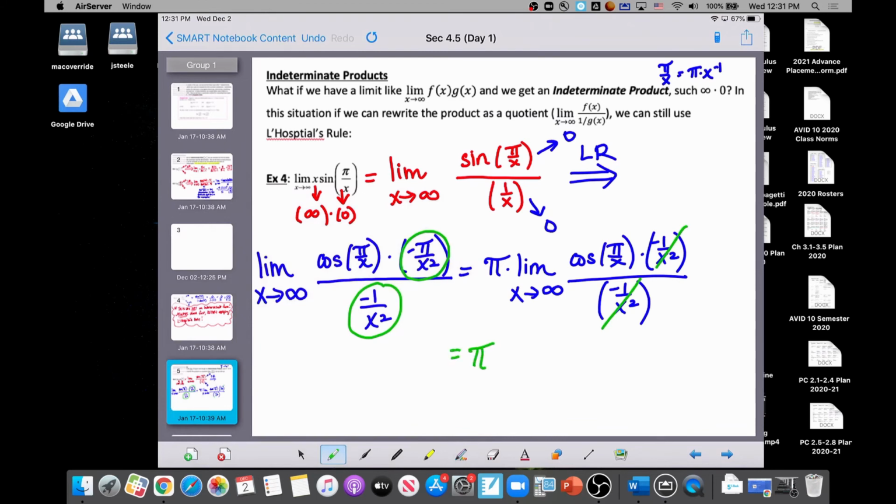And so now I have pi times the limit as x approaches infinity of cosine of pi over x over 1, which is just cosine of pi over x. So now when I plug in infinity, pi divided by infinity is 0. Cosine of 0 is 1, right? Because this ends up being pi, that's the pi in front of the limit, times the cosine of 0. And cosine of 0 is 1, so I end up with pi times 1, which gives me an answer to my limit of pi.